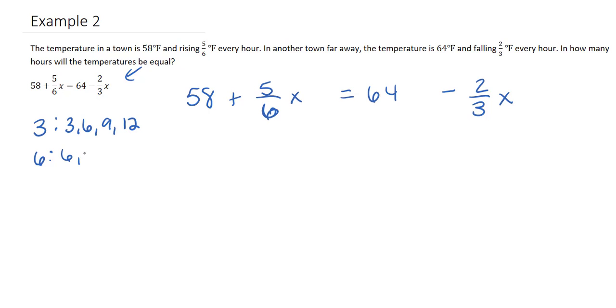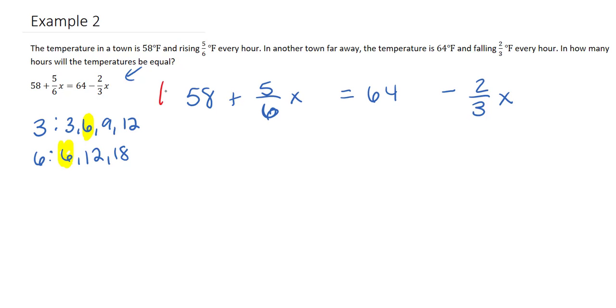We have 6, 12, 18. Now what's our least common multiple between them? It would be 6. We do also have 12, and we could use 12, but it would make all the numbers bigger. So just to reduce even further, we'll use the least common multiple, which will become our least common denominator between the two, which is 6.